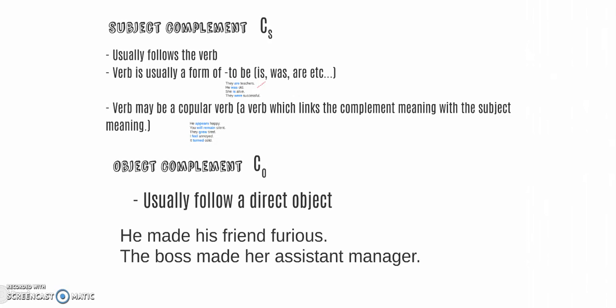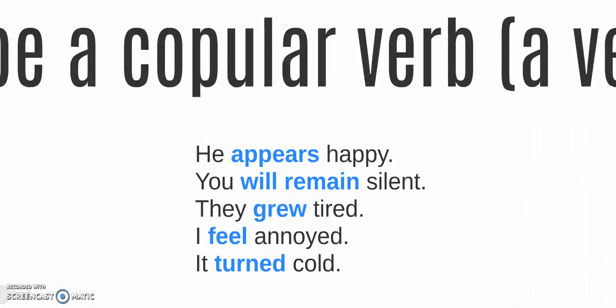For a subject complement, it doesn't always have to be a form of to be. It can be linked with a copular verb. A copular verb is not a difficult term. Don't get confused by it. It just means a verb which directly links the complement meaning with the subject. So he appears happy.